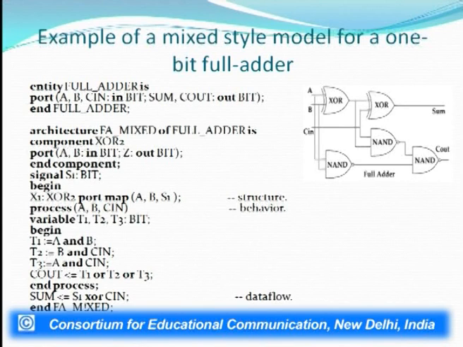So this indicates that the process has been used for the carry generation, the data flow programming has been used for the final sum generation, and the structural has been used for describing the calculation of the first XOR, that is A XOR B. This particular program has been given here to show the usage of 3 styles of programming.